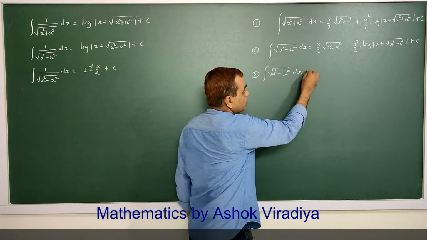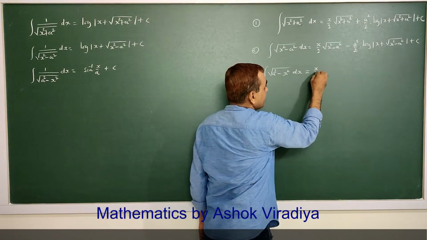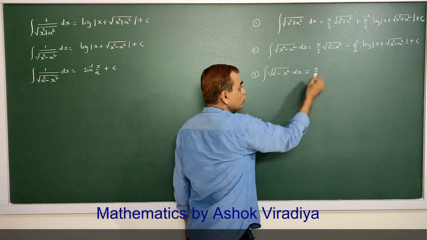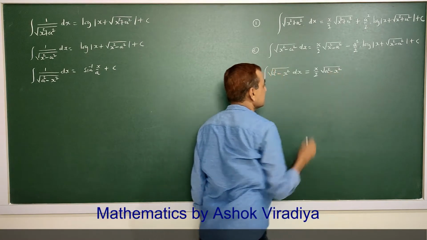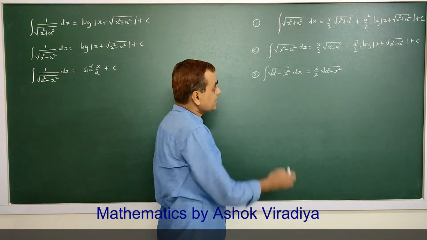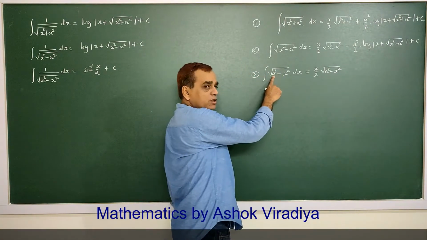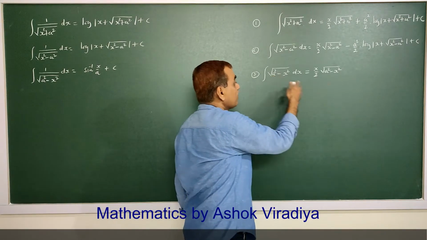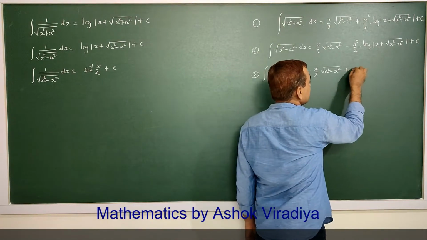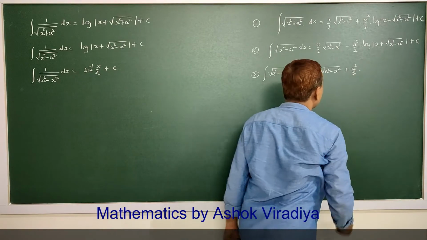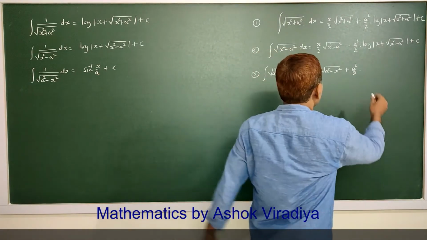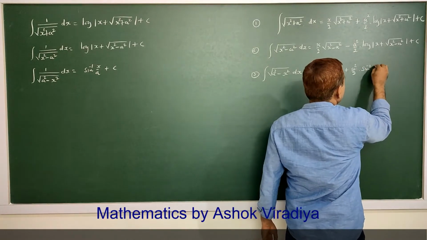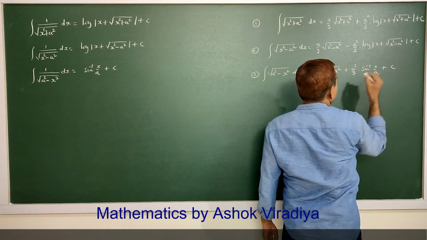So it is equal to x by 2 root a square minus x square. Then plus a square by 2 and this term sine inverse x by a plus c.